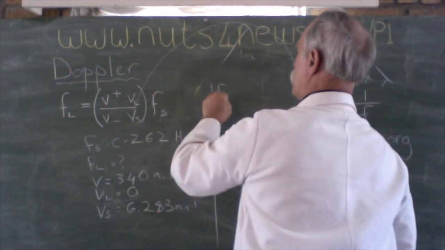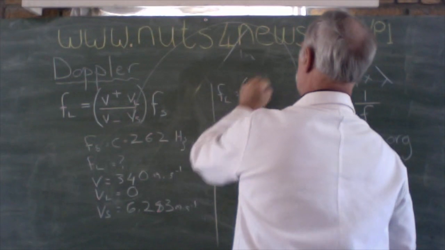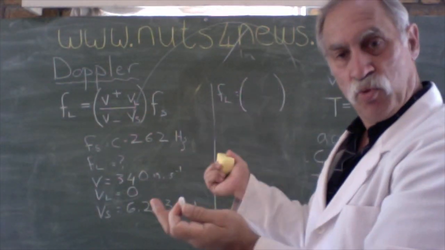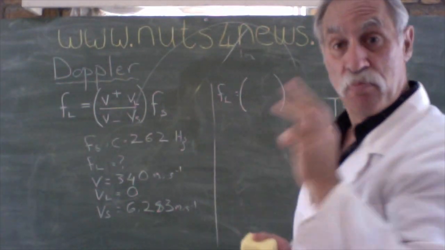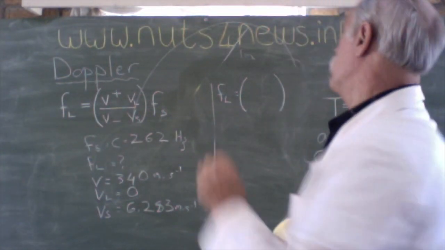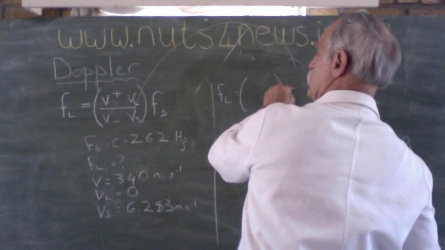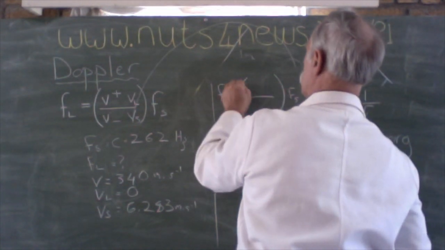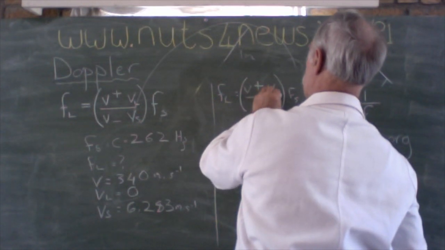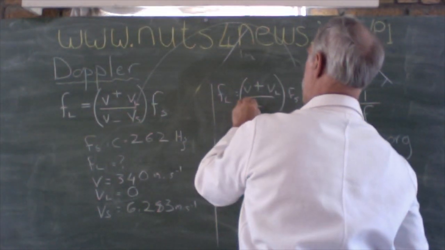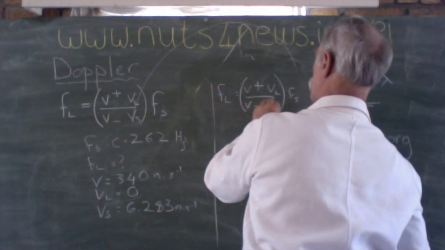So we write it out: frequency of the listener equals, now this is just going to be a little bit more than 1 or a little bit less than 1. If it's towards us, whatever is in brackets must come to more than 1. So times frequency of the source, what is this? V plus, because it's towards, V listener, V minus V source.